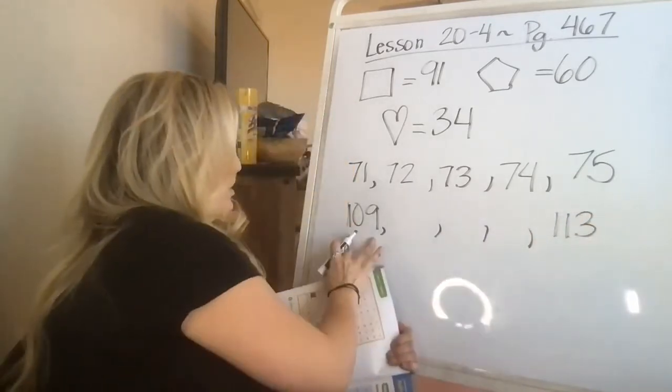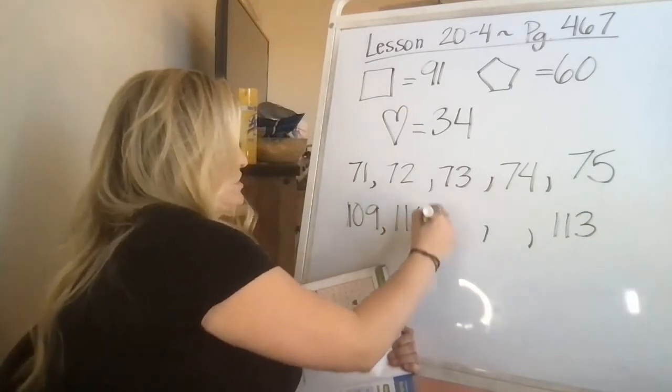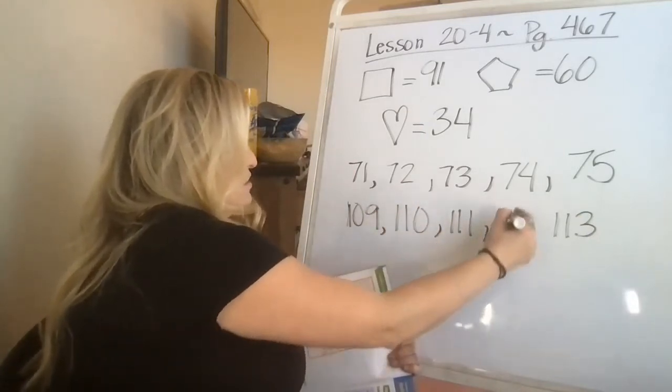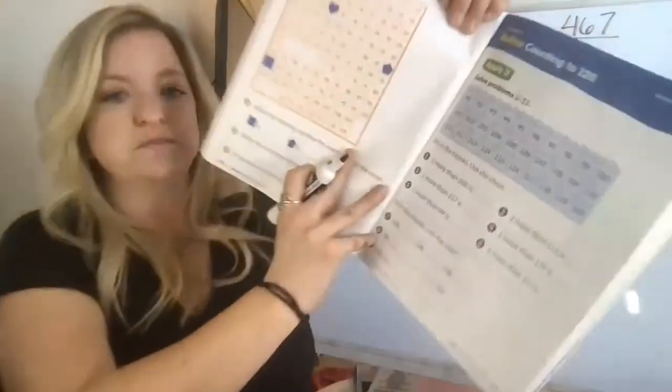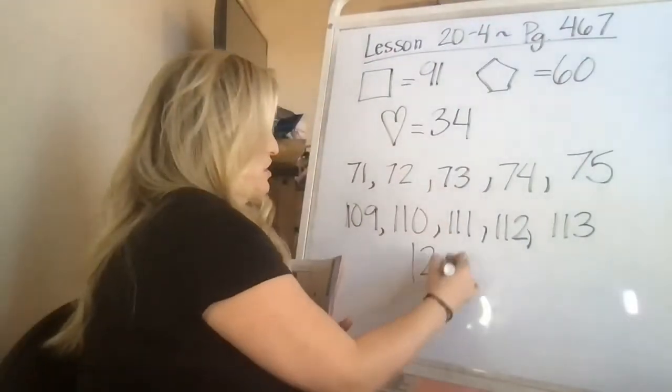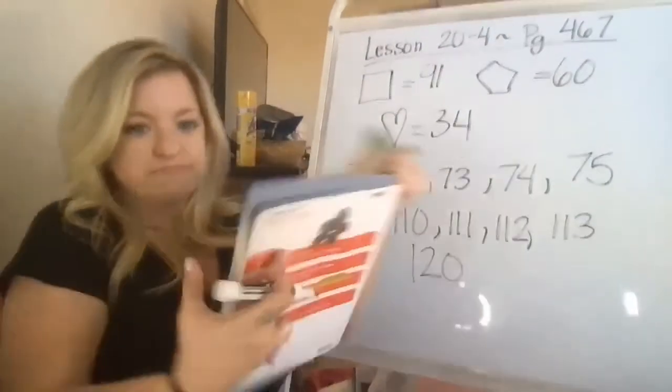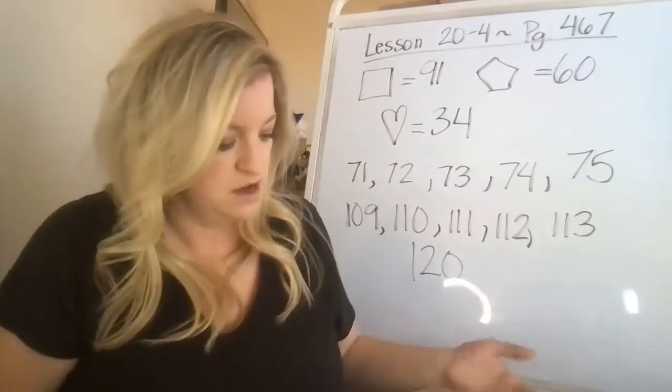So we're going to count 109, 110, 111, 112, 113. Oh, and there's 1 missing. That's going to be 120. Okay, so 120. Awesome.